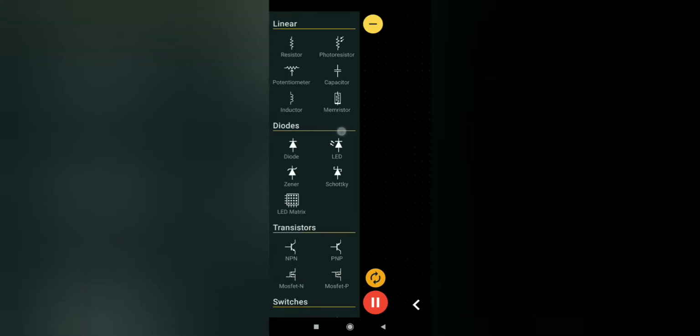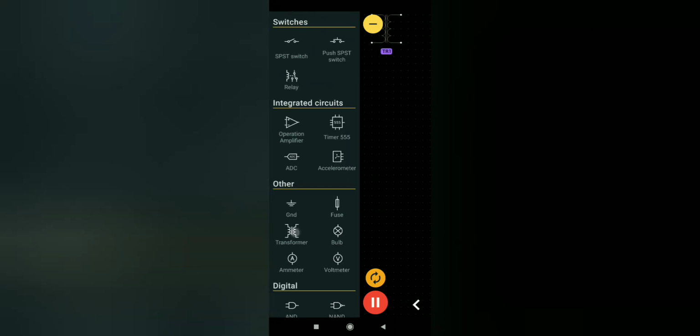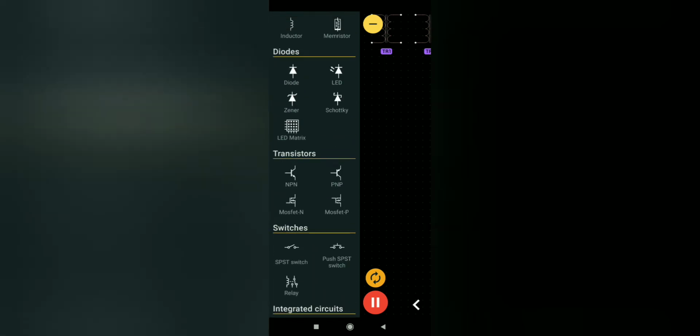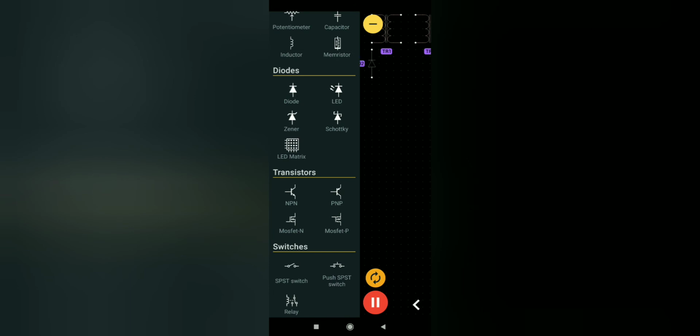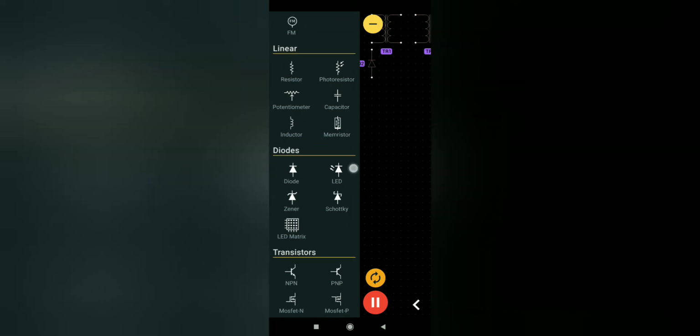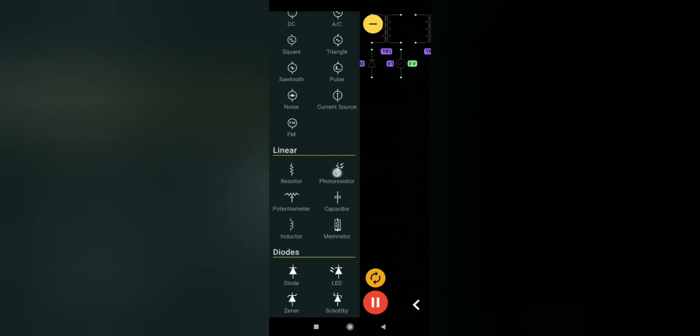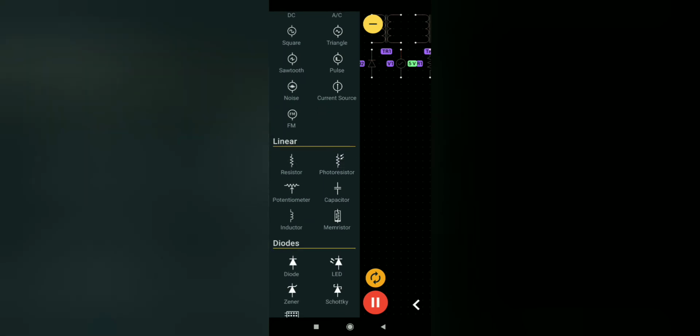Here we require a center tap transformer. So we take two transformers, ground, two diodes, and the AC signal. One load resistor.